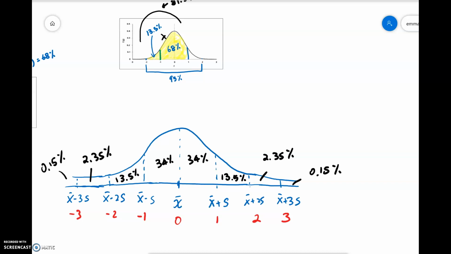Then I can have any kind of combination. I can talk about the percentage of this shaded region. I can talk about the percentage for this shaded region. I can talk about the percentage for this shaded region. Or I can talk about the percentage for this shaded region.